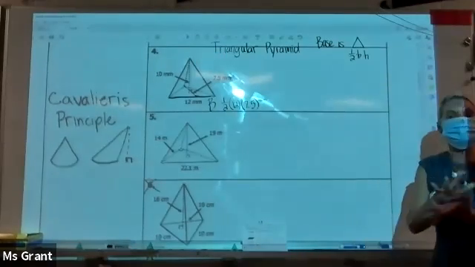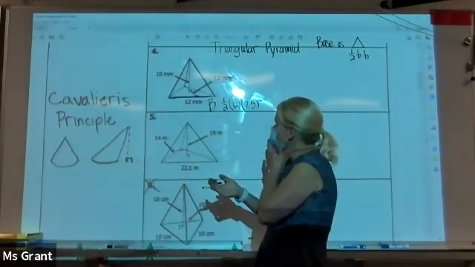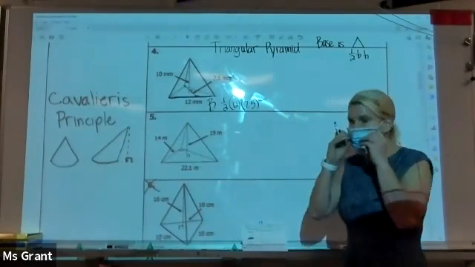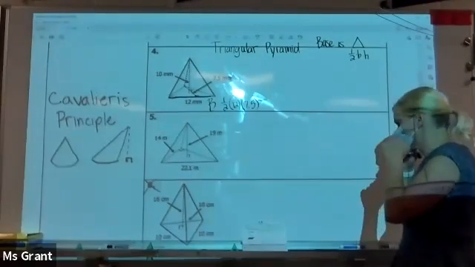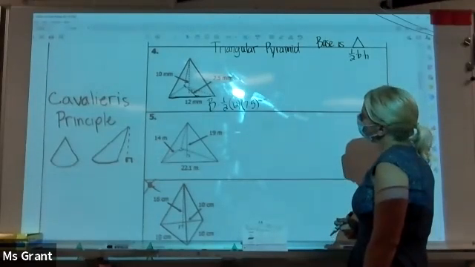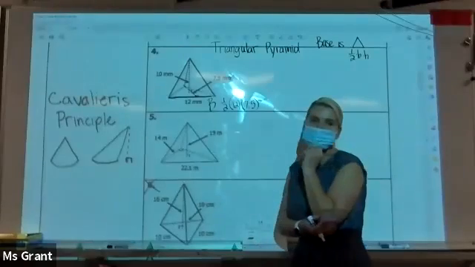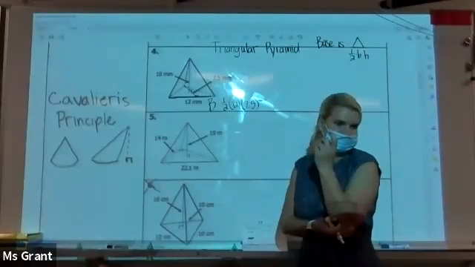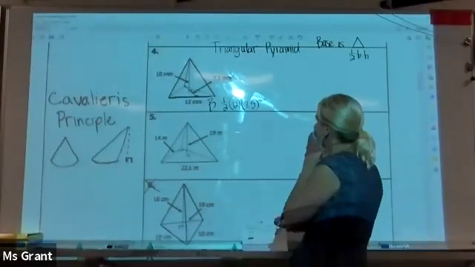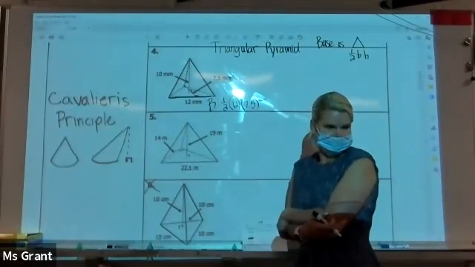So the area of my triangle is the bottom shape. That's my capital B, my big B. So 1/2 of 12 is 6. 6 times 7.5 is what? 45.